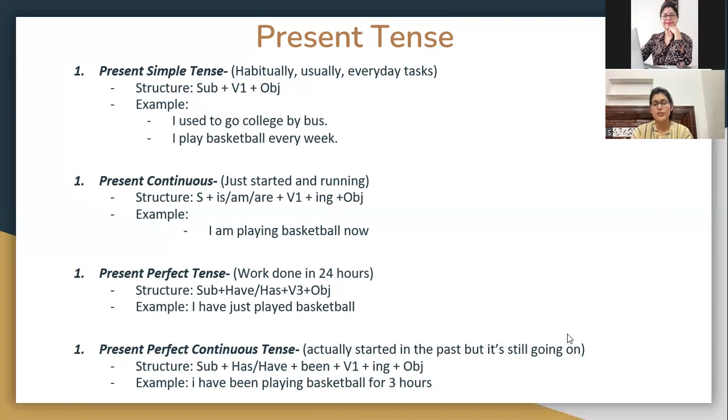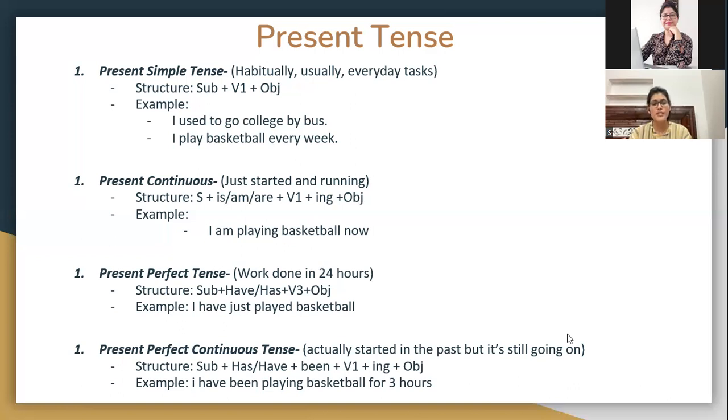Actually, present perfect continuous tense we use when a work actually started in the past, but it's still going on, it's still running now, and the work ends at some point in the present.